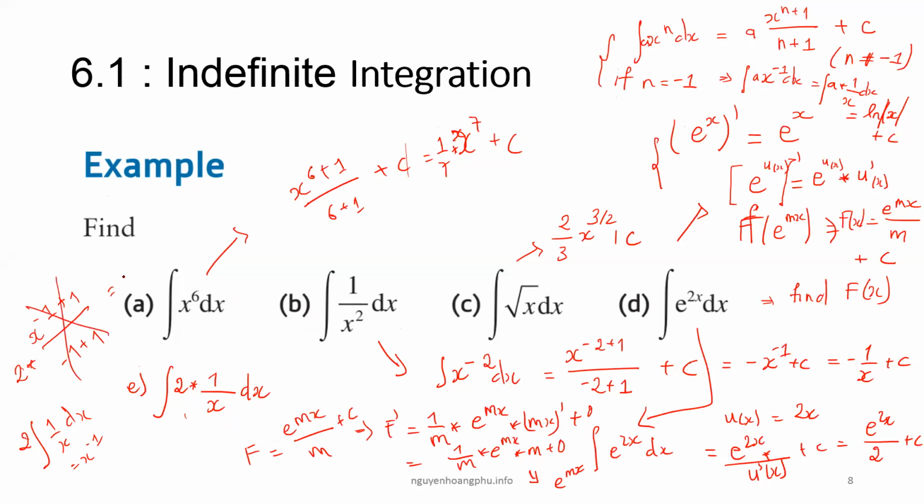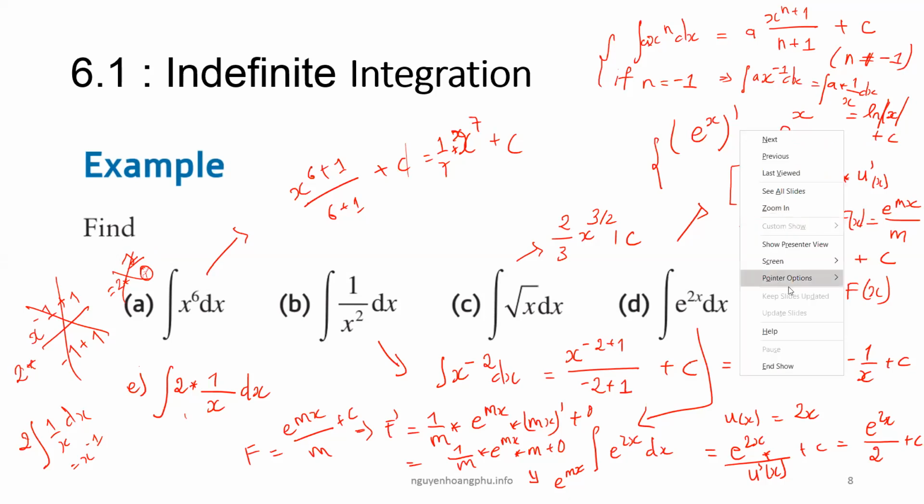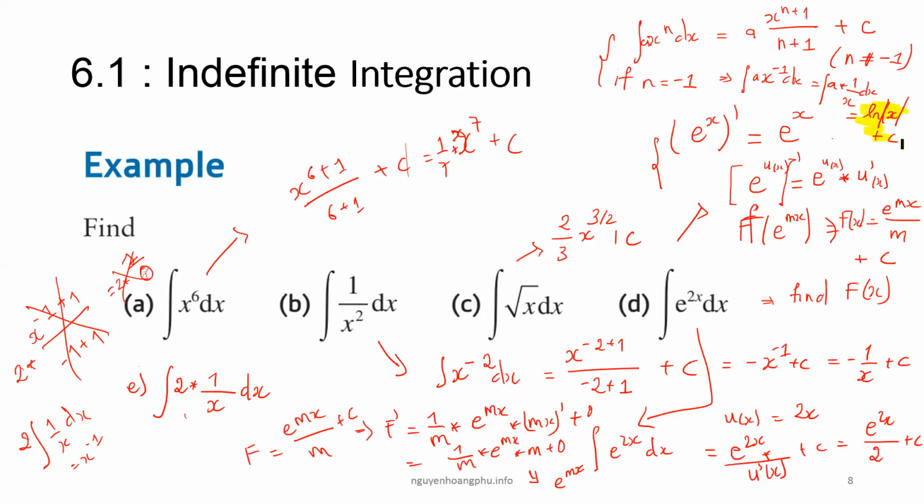We cannot try because it will be equal to 1 divided by 0. Impossible, right? We cannot find the solution. So here is not the case. You need to apply this other equation.